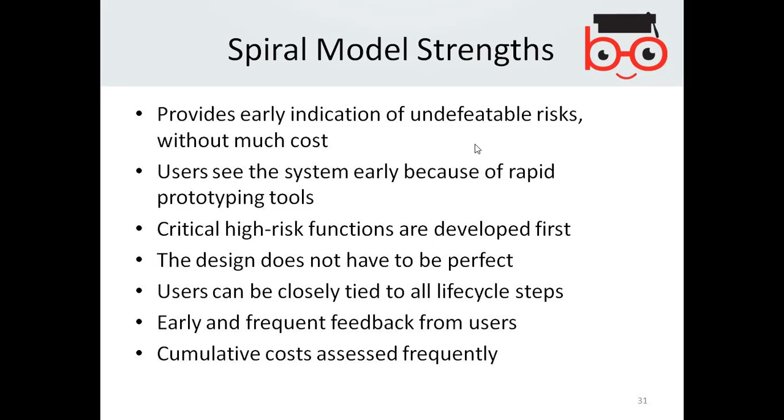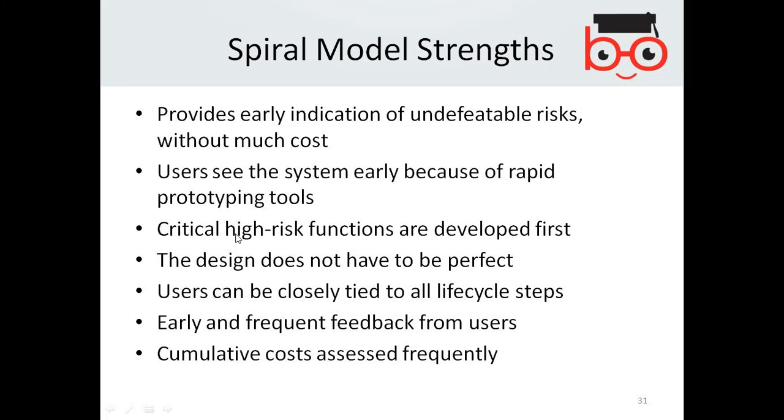Maybe you can stop the project development, however you would be saved from the big risks. Users see the system early because of the rapid prototyping tools. Especially the spiral is a kind of waterfall model, and it also incorporates prototyping as well as risk analysis.